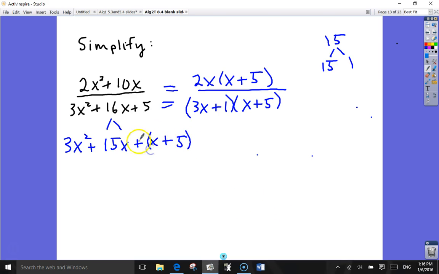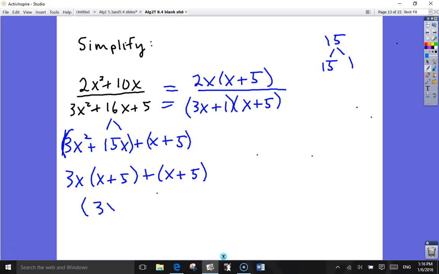I would group the first two, group the last two. Factor each set of parentheses. So this is 3x plus 1 times x plus 5, which is what we got. We'd already kind of figured that out.